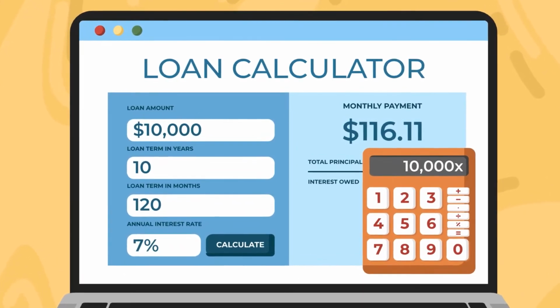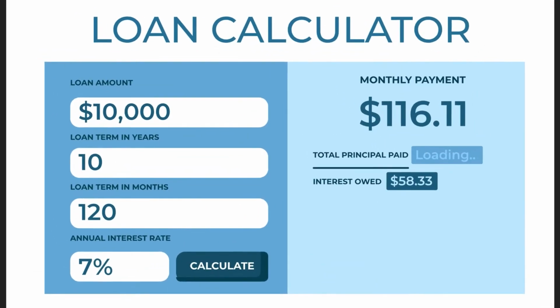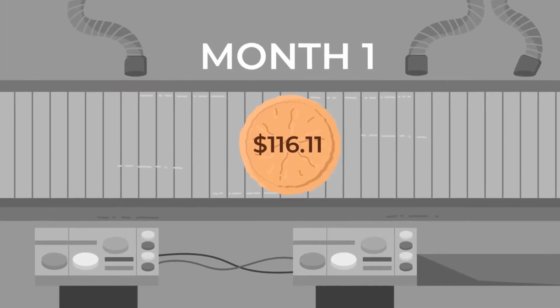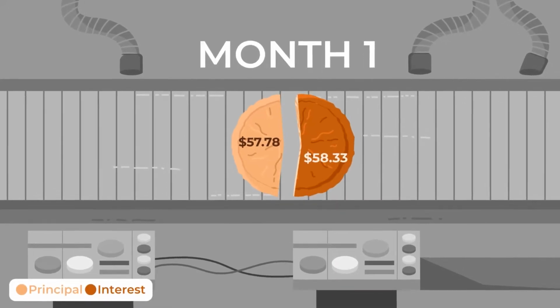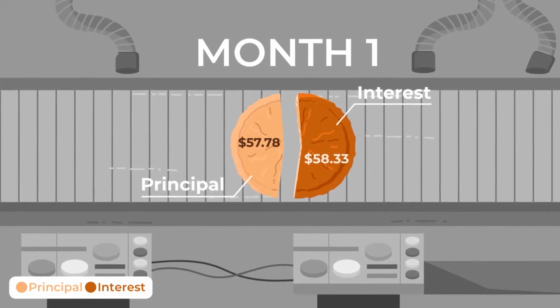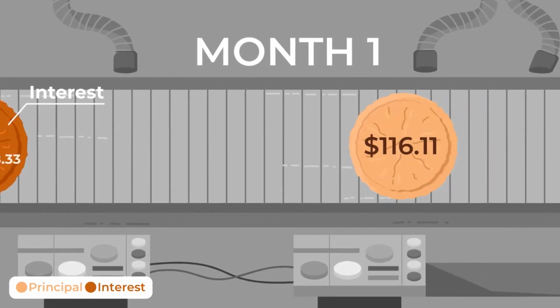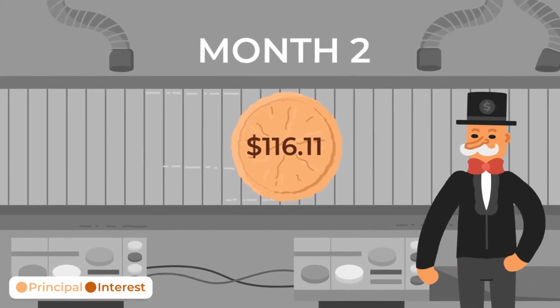So in month 1, you would owe $58.33 in interest. When the bank receives your $116.11 monthly payment, they'll put $58.33 toward interest, which leaves the remaining $57.78 for the principal.